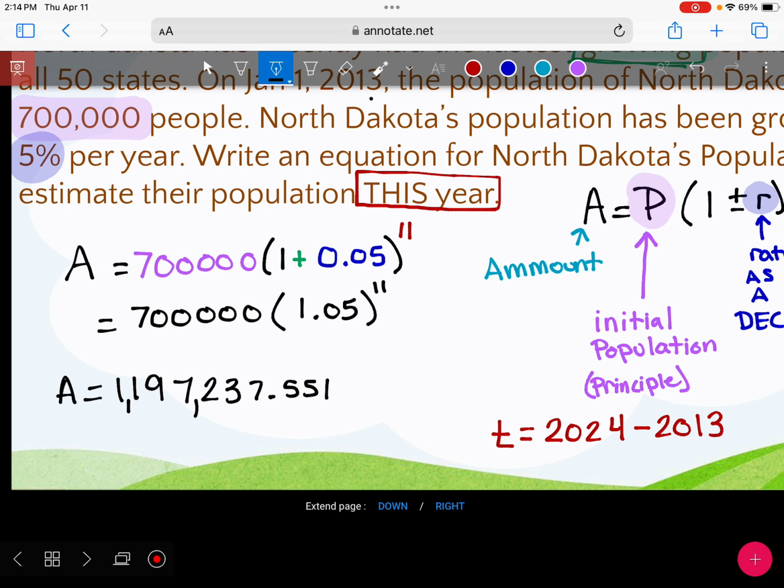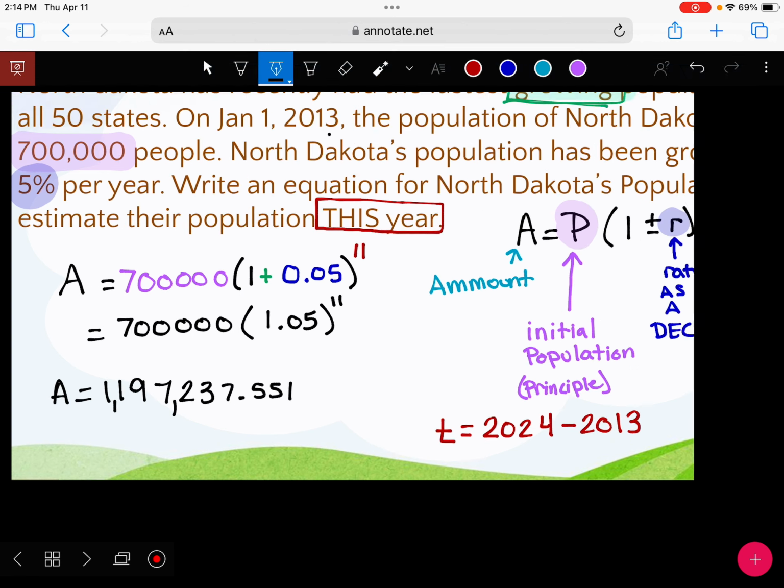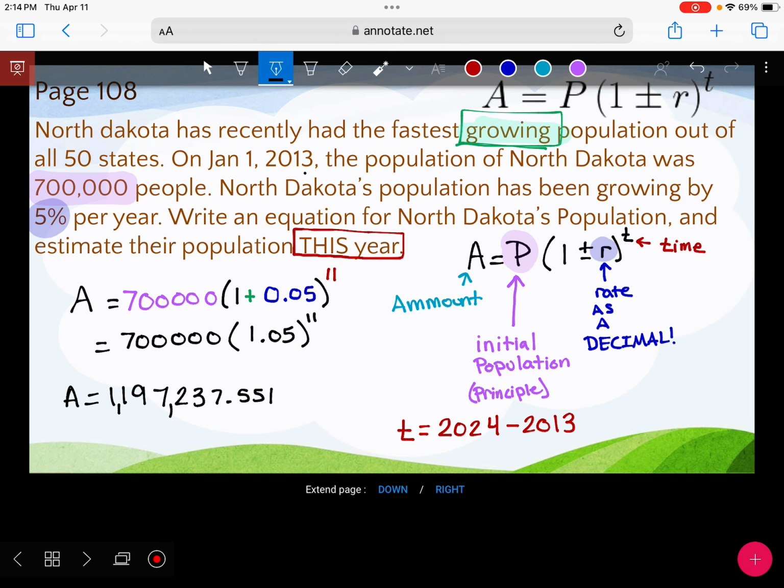What is this about again? The population. The population, which is made up of what? People, right? Can I have 0.5 people? Do not throw half of a person into the town. It will affect your population.